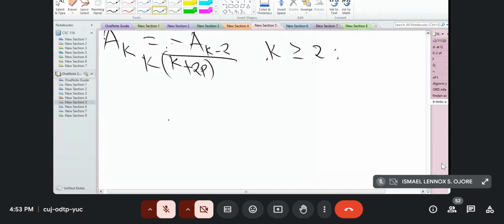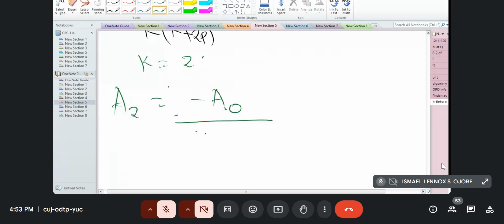So k is greater or equal to 2 means we start with k equals 2. When k is 2, A sub 2 equals minus A sub k minus 2, so we'll have 2 minus 2, which is 0, A naught. Divided by k, which is 2, times k plus 2p, 2 plus 2p, which you can rewrite as minus A naught divided by 2 times 2 into 1 plus p.